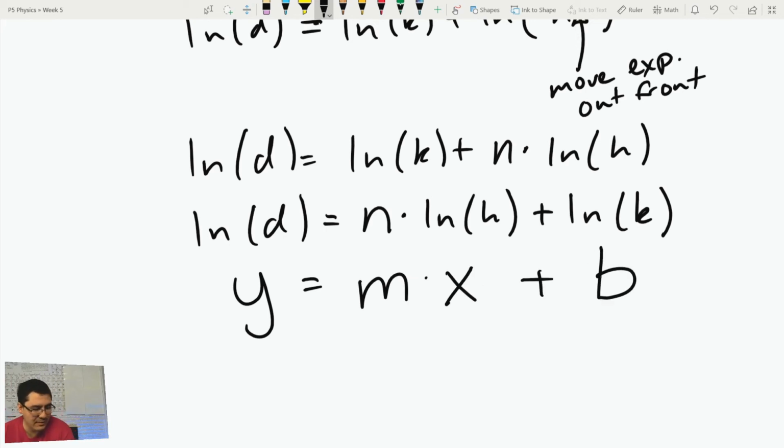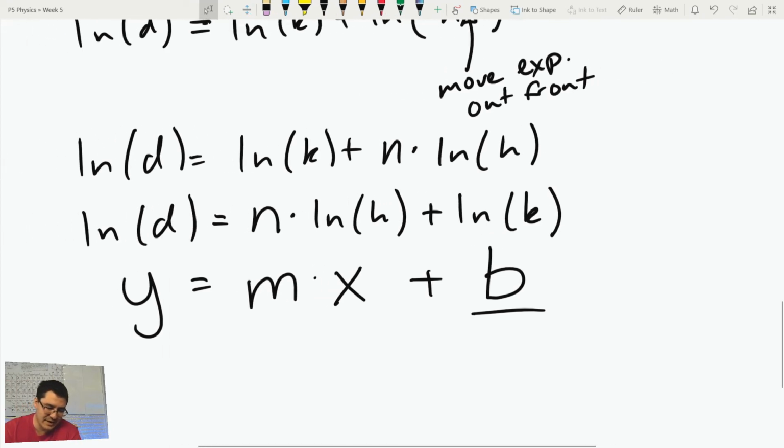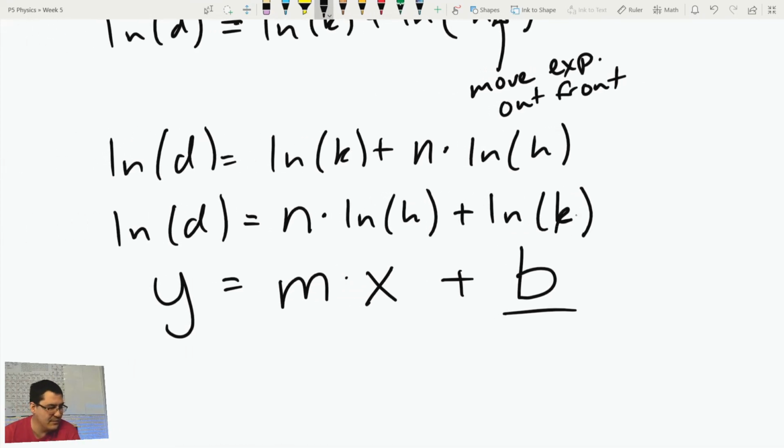Now in algebra, we talk about the y-intercept, the starting place of the line being a constant, the origin of where that line emanates from the y-axis. Well, turns out the natural log of some fudge factor k is a constant. So these two terms are analogous to one another.